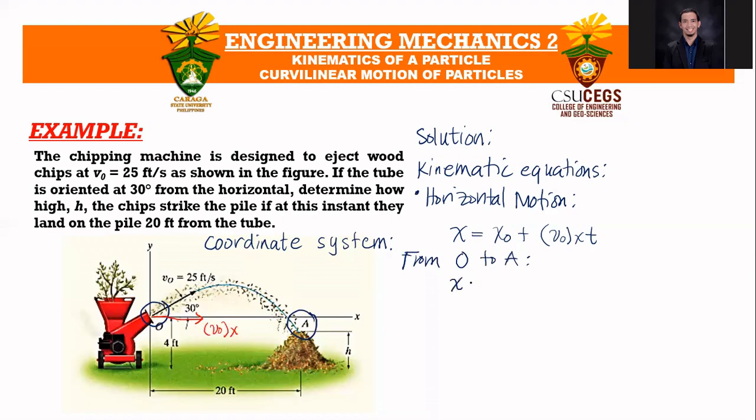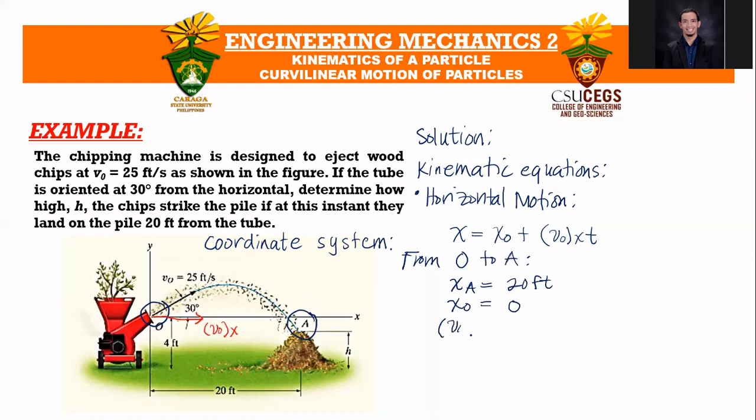So the final position, which is represented with XA, that is 20 feet. XO, which is the initial point, that is 0 since it acts along the origin.